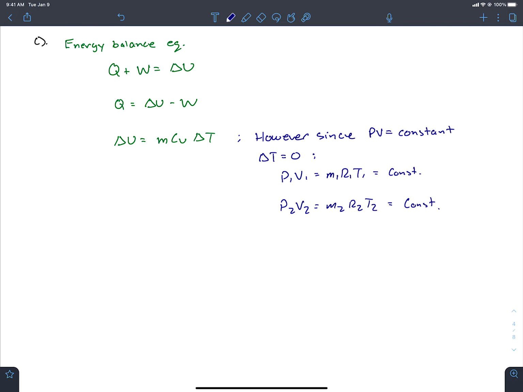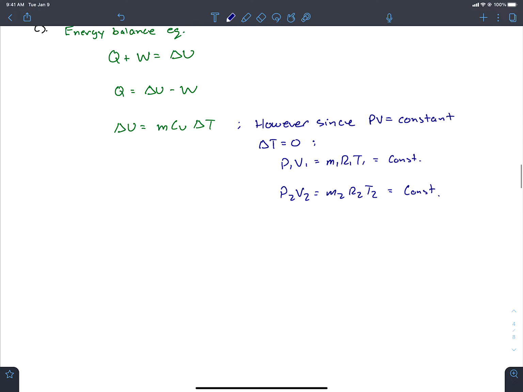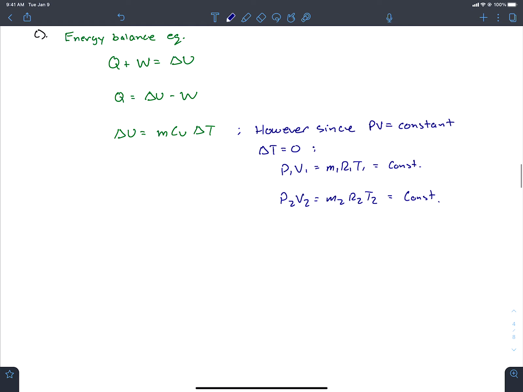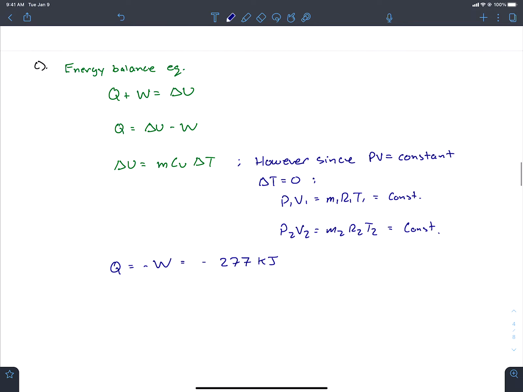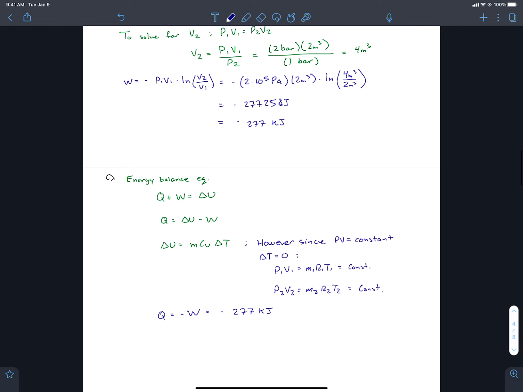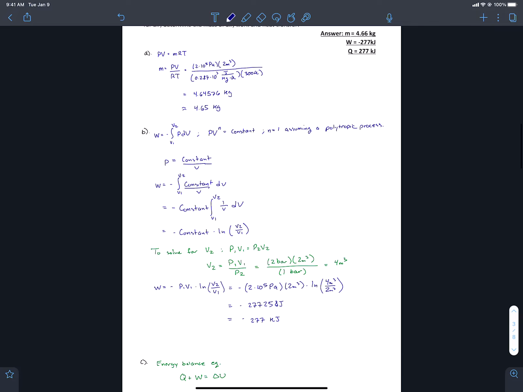By default, that means the temperatures also have to be the same if P and V are constant. So we can say that Q is equivalent to negative W because our delta U is 0, which just equals negative 277 kilojoules. So that is part A, B, and C.